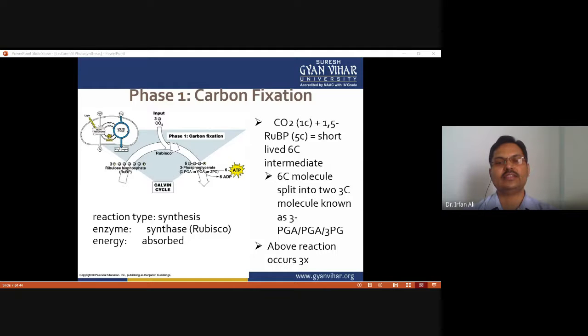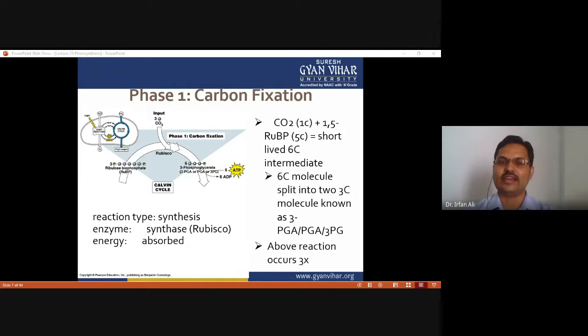This reaction occurs three times. How many times? Three times. So in one Calvin cycle there is fixation of three carbon molecules. If we talk about the type of this reaction, this is a synthesis reaction. Why synthesis? Because in this reaction the three carbon molecule, 3 phosphoglycerate, is synthesized.